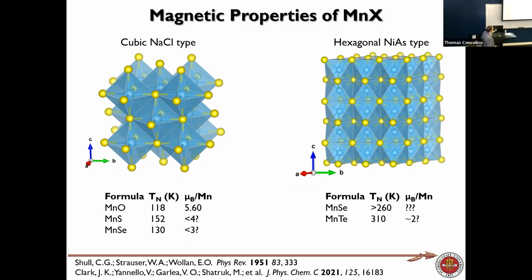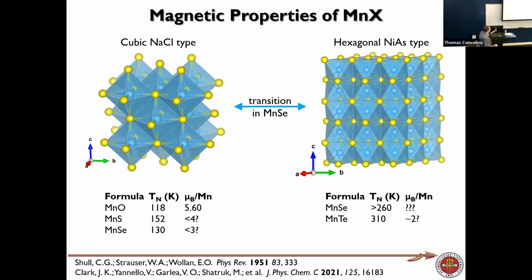And so manganese sulfide we recently published. I'm not going to talk about that. And there was another paper that came out about the same time about this magnetic structure. So the moment there is about 4.3 Bohr magneton. Now we're pretty well established on that. But manganese selenide is quite interesting because it shows a transition between the sodium chloride, cubic type structure and the hexagonal nickel arsenide type structure, really close to room temperature, 160 to 170 Kelvin.